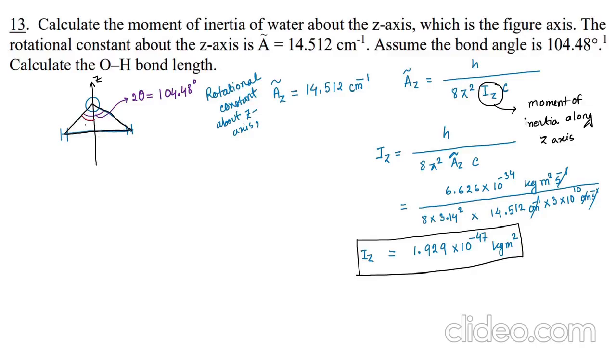So this is theta, this is theta, and this is one triangle. Only the hydrogens are going to contribute here. For each hydrogen, what is the contribution?